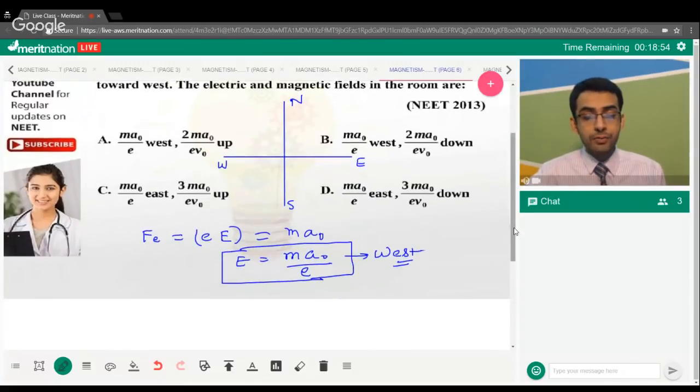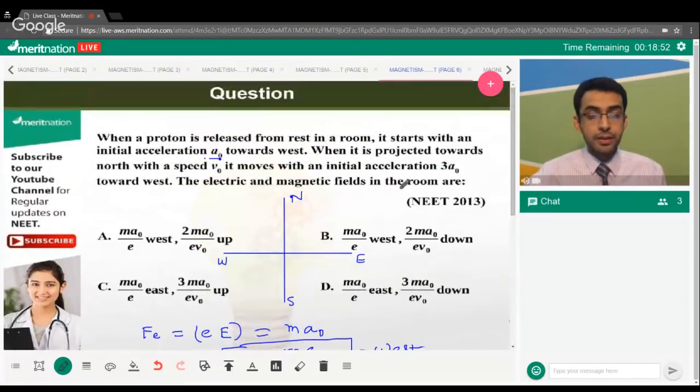Now coming to the other case, when it is projected towards north with the speed v naught, it moves with an acceleration 3a naught towards west. Now, when it is moving, two forces are acting.